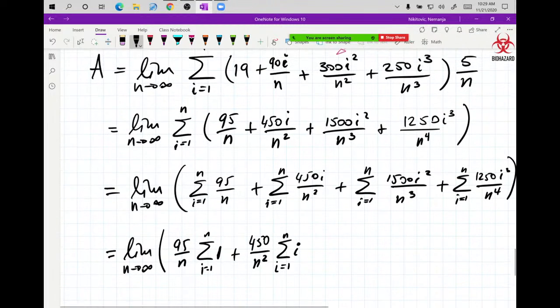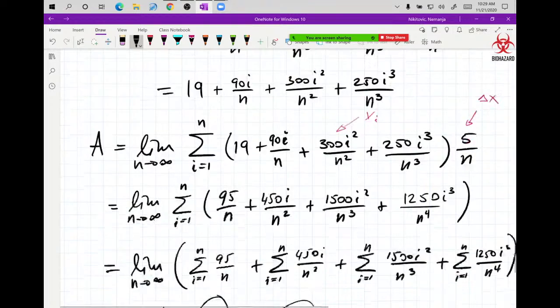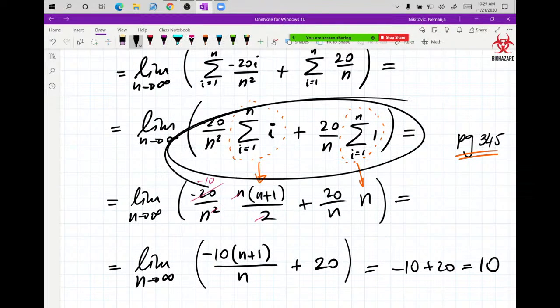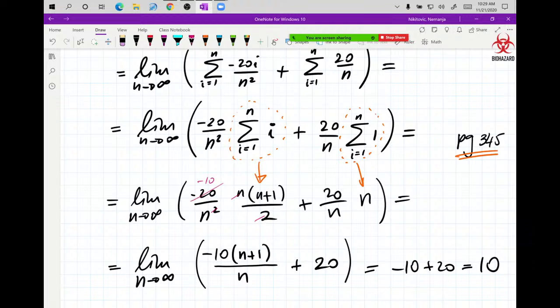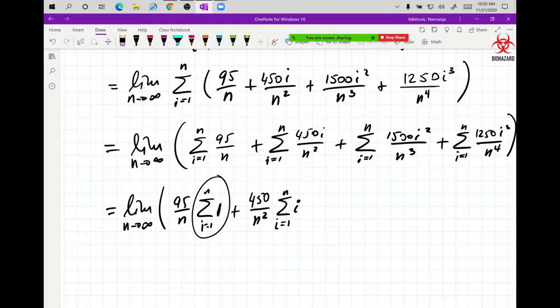Now, I hope you see, guys, sum of 1 and sum of i. You will always have sum of 1, sum of i, sum of i squared, sum of i cubed, and those are your formulas on page 345. Yep, always the same. It gets really repetitive and boring after like problem number 3.